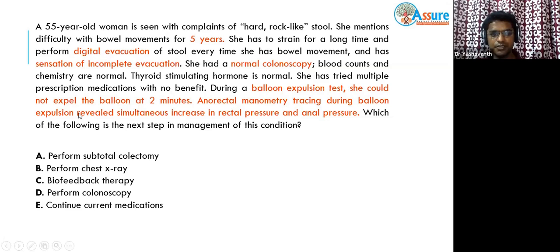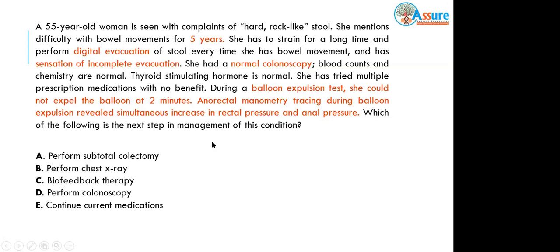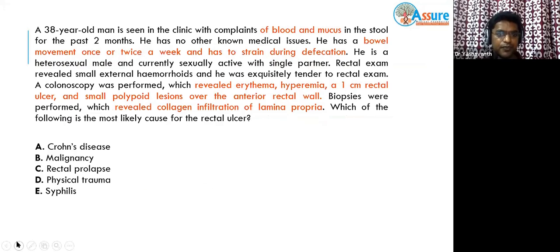On the balloon expulsion test, she could not expel the balloon at 2 minutes. Manometry tracing during balloon expulsion revealed a simultaneous increase in rectal and anal pressure, that is, RAIR absent. Which of the following is the next step in management? Biofeedback. Very good. And mind you, other options might not give any result in dyssynergic defecation. Biofeedback has nearly 60 to 80% success depending on studies.